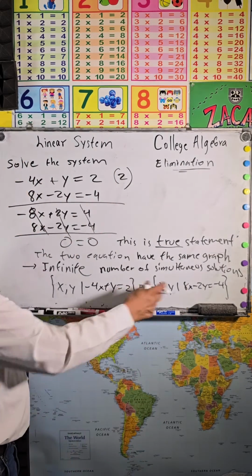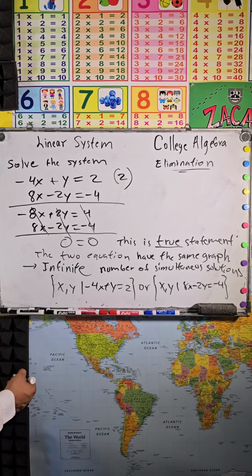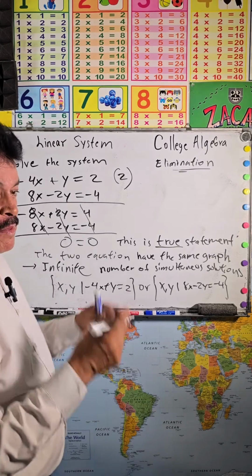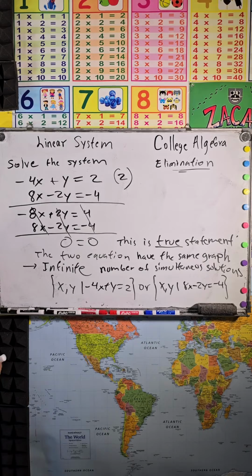Why? Because this is the same graph. It belongs to the same line. So that's the answer to our problem.